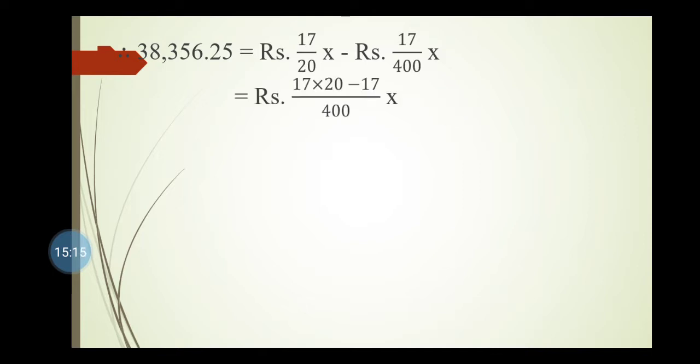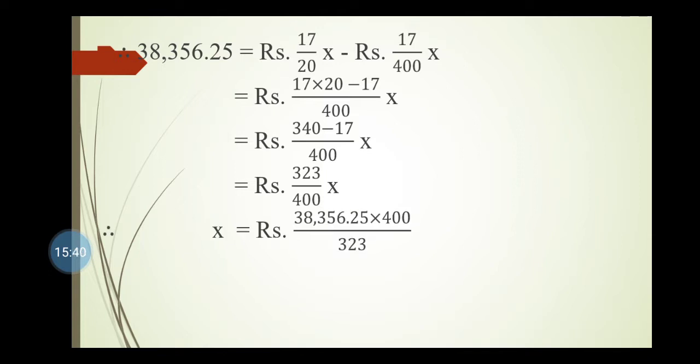Now we will solve this equation for x. So it is equal to 17 into 20 minus 17 upon 400x, which is 340 minus 17 upon 400x. So we have 323 upon 400x.